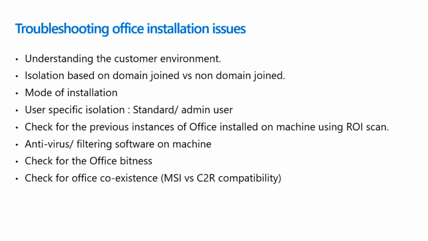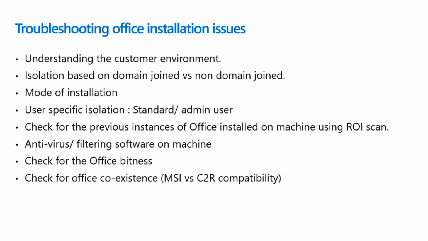And the modes of installation, a very basic thing that we miss, is C2R and MSI. So we will see a tool in the next slide which will help us identify if we have any other versions of Office installed on that machine, and we could identify if those are compatible to be installed on the same PC.